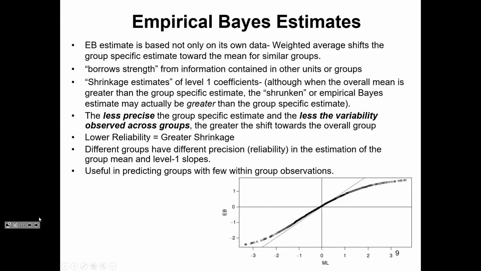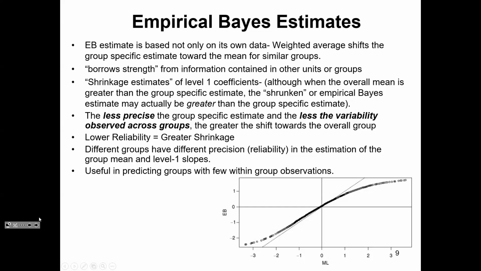But if the group mean based on this small number of clusters is way higher or way lower than the mean, then these empirical Bayes estimates are going to shrink, meaning it's going to pull the OLS estimates toward the model-based estimates.